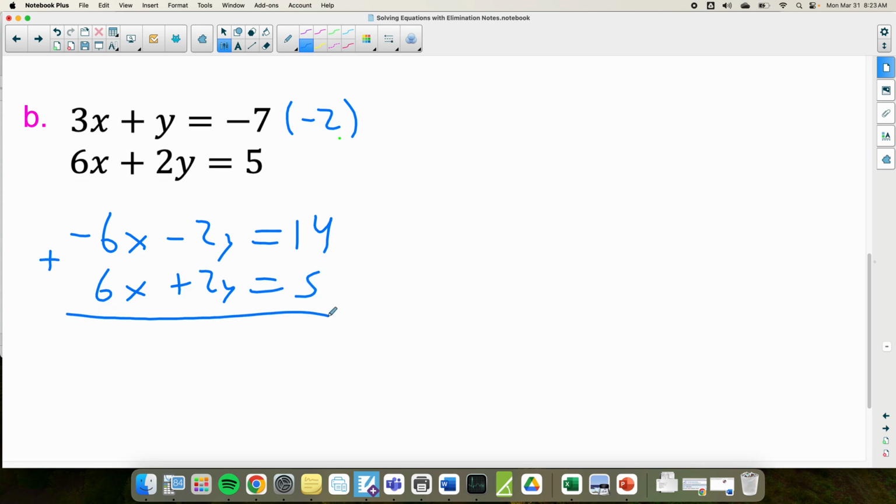Negative 6x plus 6x cancels out to 0. And negative 2y plus 2y cancels out to 0. So 0 equals 19, which isn't true. So that means that the answer would be no solution.